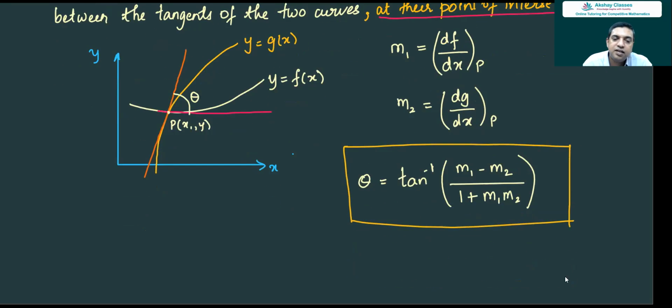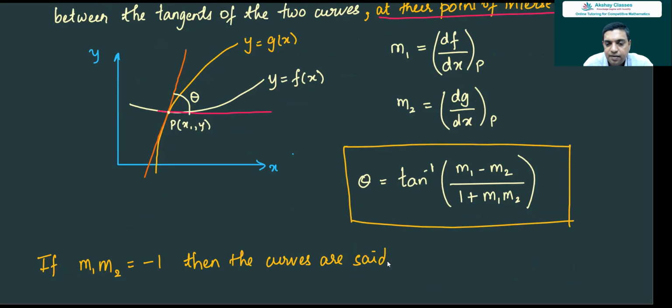Now, if m1 m2 is equal to minus 1, then the curves are said to intersect orthogonally.